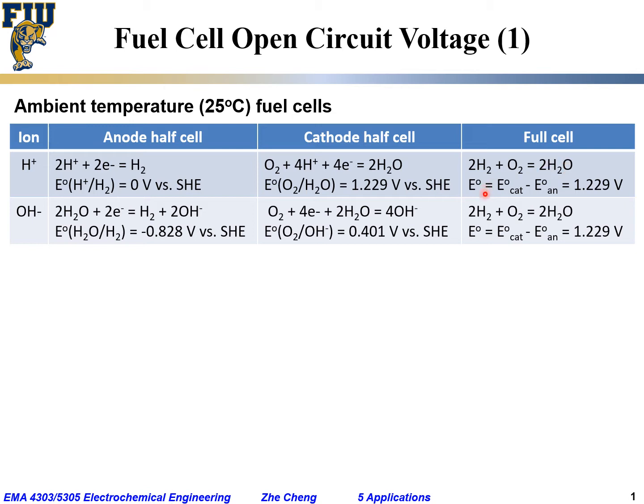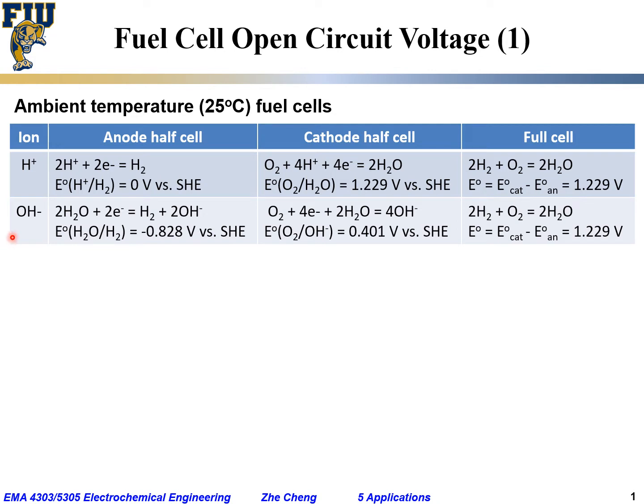Okay, and the standard cell potential would be the standard electrode potential for the cathodic, or the more positive one, minus the standard electrode potential for the anodic, or the more negative one. So it would be 1.229 volt minus 0, which is 1.229 volt. That gives us the full cell and associated standard cell potential.